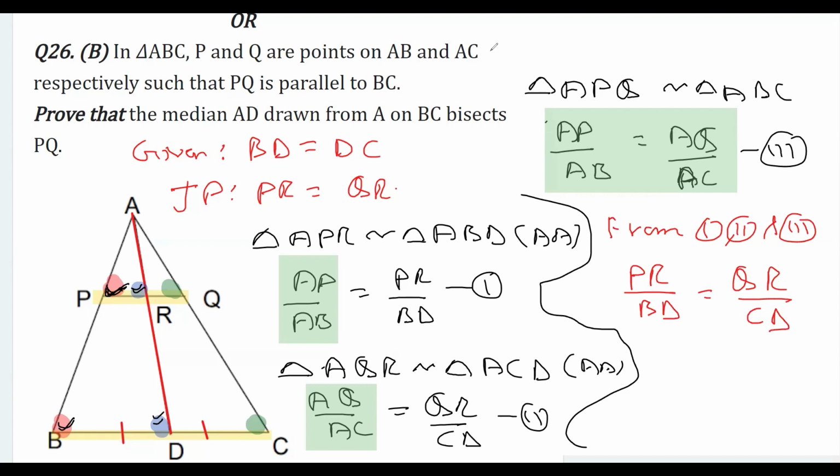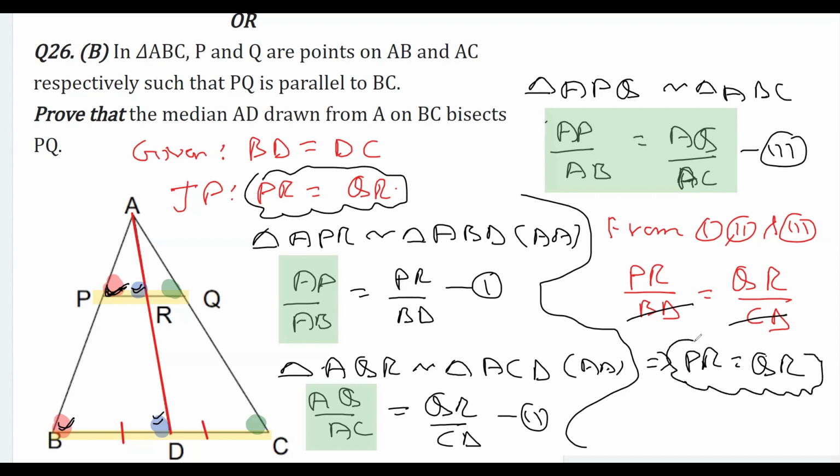And check, we were given BD is equal to DC. So I can cancel them and that gives PR is equal to QR. And I think this is what we had to prove, that is PR is equal to QR, and we proved it.